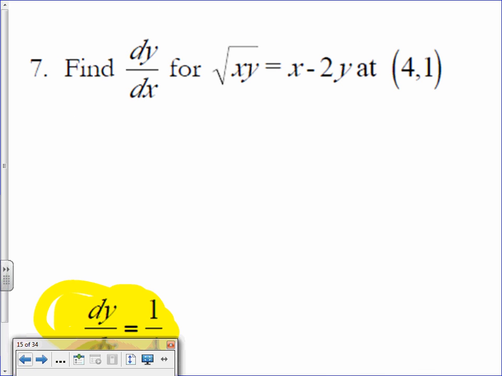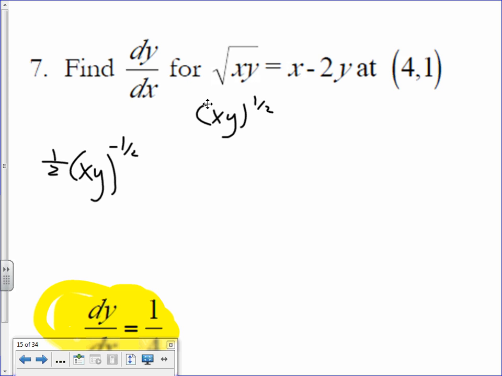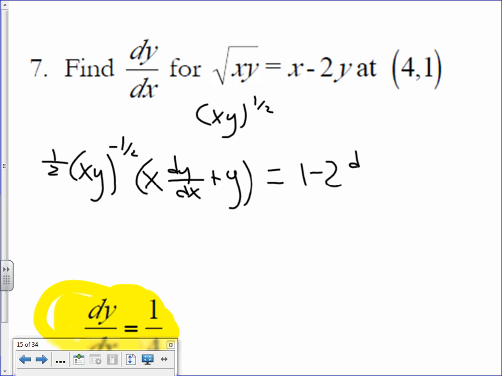So you had, this is xy to the half. So when you take the derivative, 1/2 xy to the negative 1/2, derivative of the inside, you had to use product rule. x dy dx plus y times 1. The derivative of the other side would be 1 minus 2 dy dx. You have to distribute before you can separate.